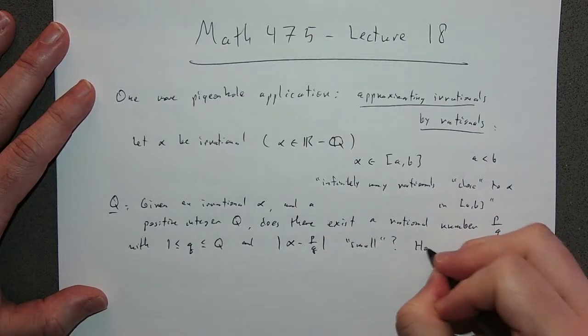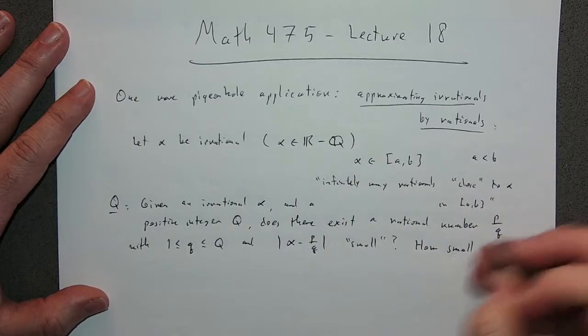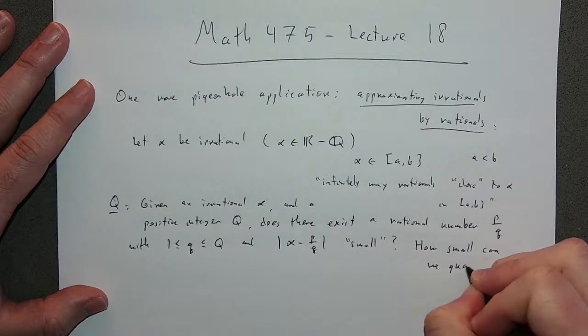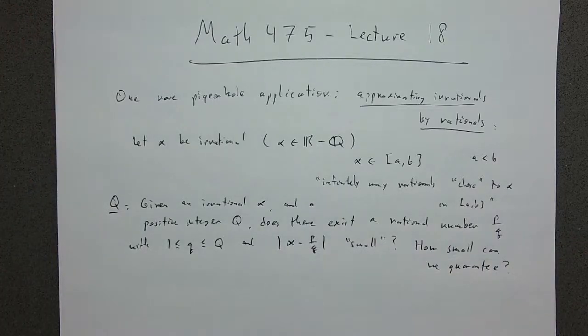And a follow-up question: how small can we guarantee?